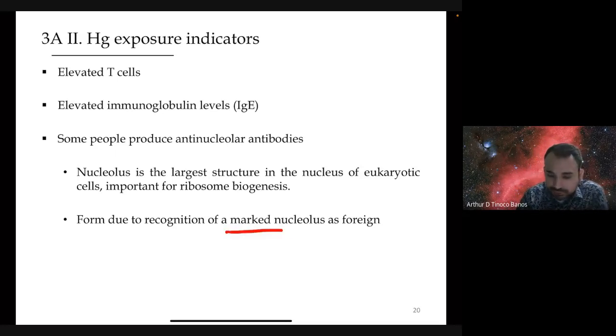All right, so I want to ask you, what do you think is actually happening? Why would a particular component of the body, or in this case of the cell, be marked as foreign in the context of a metal? What do you guys think?